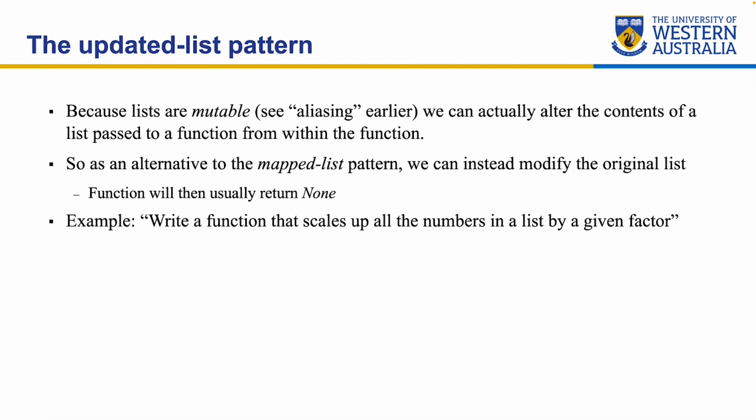By doing this, the function will usually return None because it doesn't have to return anything, since your original list is already accessible from outside the loop or the function that you call it with. Okay, so write a function that scales up all the numbers in a list by a given factor. Let's have a look at that.